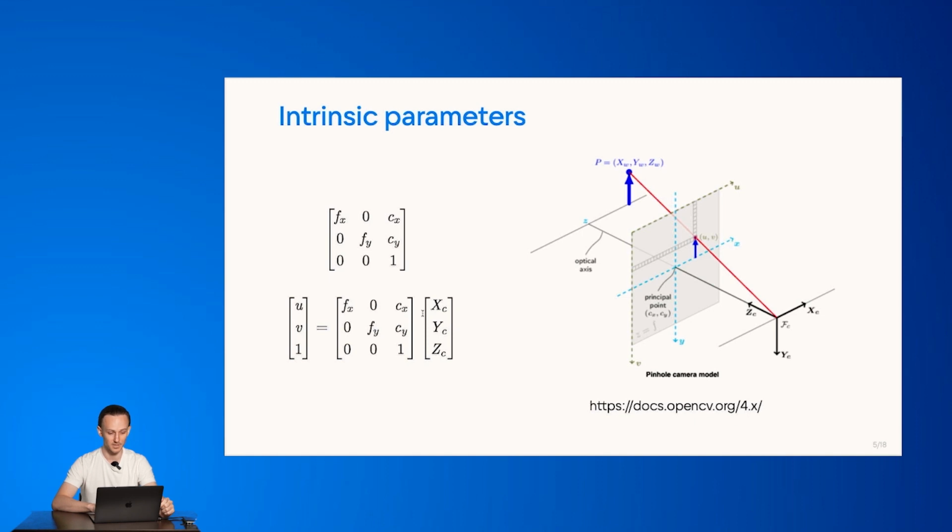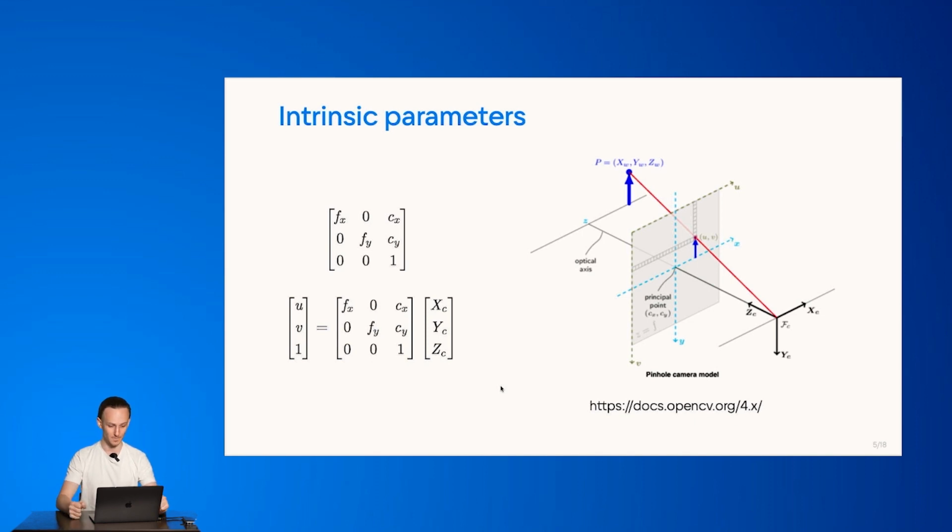And with multiplying them by this matrix of intrinsic camera parameters, we end up with the vector in homogeneous coordinates, where the third coordinate is always 1 and we can discard it, and u and v are the coordinates of the object basically in the image. That's it. So this is the main part of the whole imaging process. This is the imaging procedure itself.